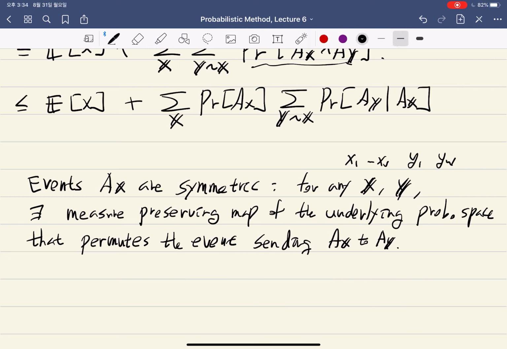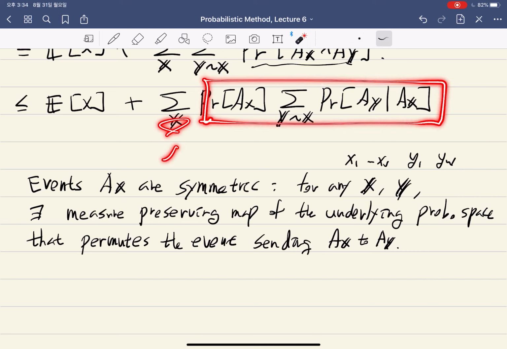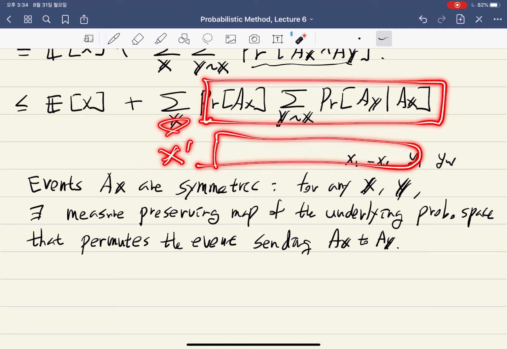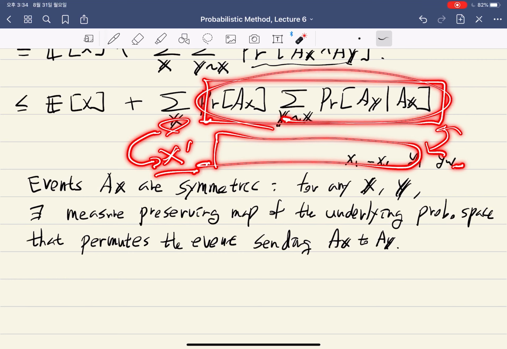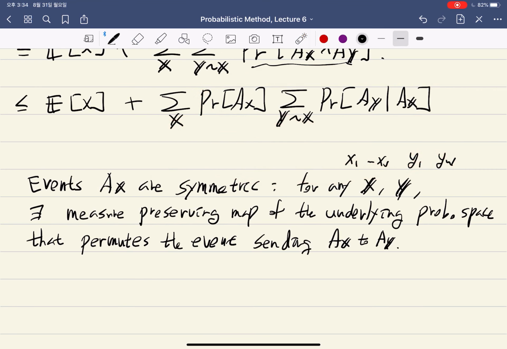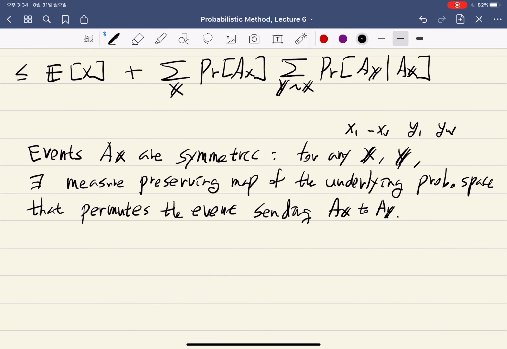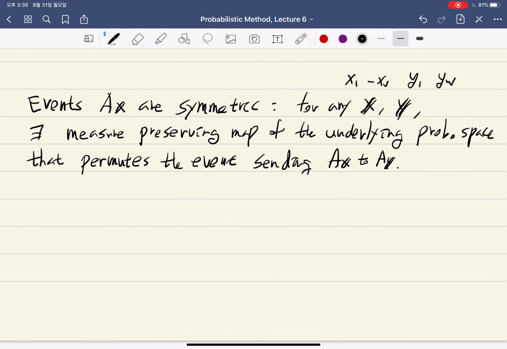So for each x you have this term, and for another x prime you have another term, but they must be the same. Because you just take a function f sending x to x prime, then all of this probability will be sent to here, and they must be the same, because G(n,p) has the same distribution after permuting the vertices.